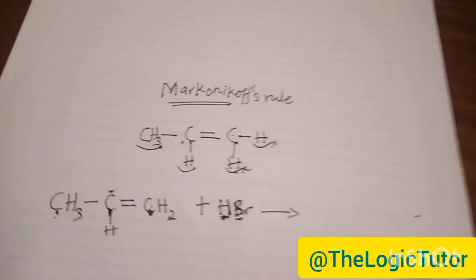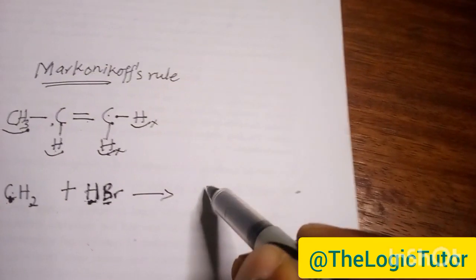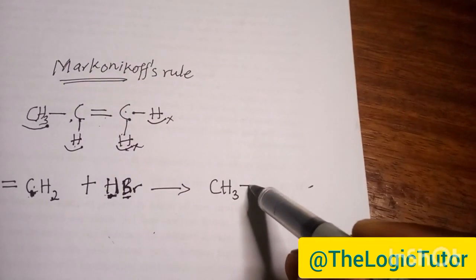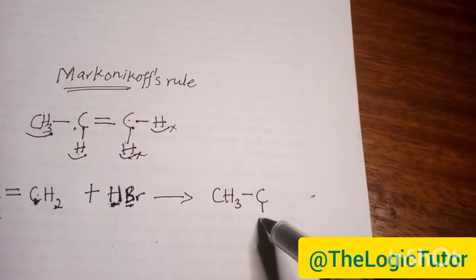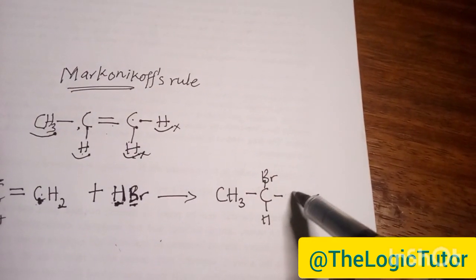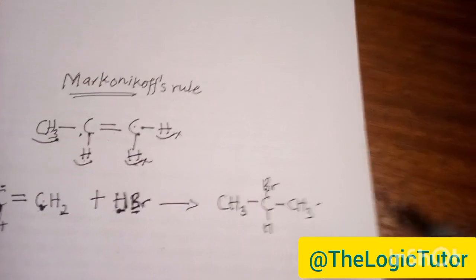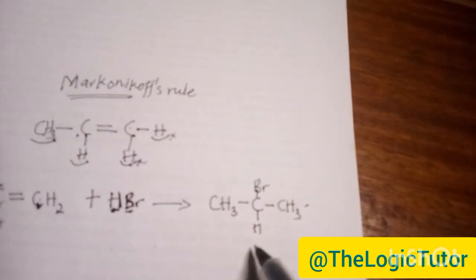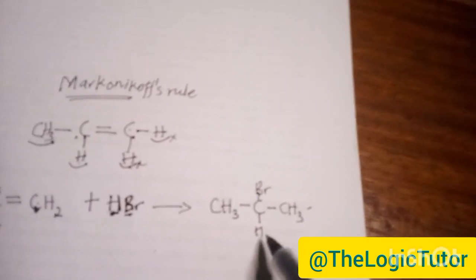So Markovnikov's rule will apply, and the new product will now be CH3, then C attached to H and attached to Br, then CH3. So this will now be named 2-bromopropane.